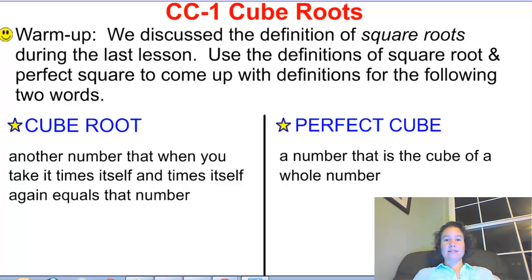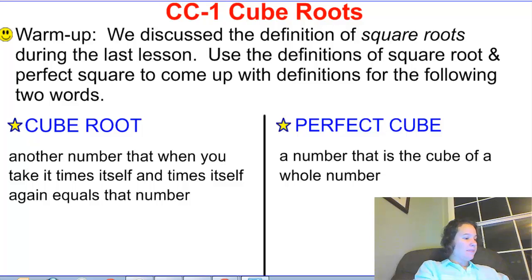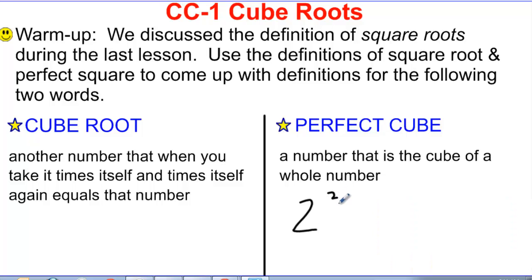And so these perfect cubes get large really fast, so you probably won't have very many of them memorized. Myself, I think I only have 1, 2, 3, 4, and 5 memorized. So there aren't that many of these to memorize. If you think about something like 2 to the third power, or 2 cubed, that's the same as 2 times 2 times 2, which is 8.